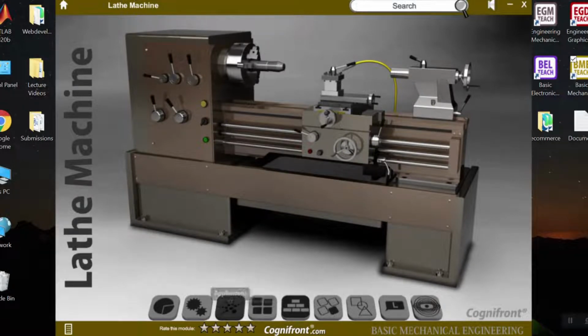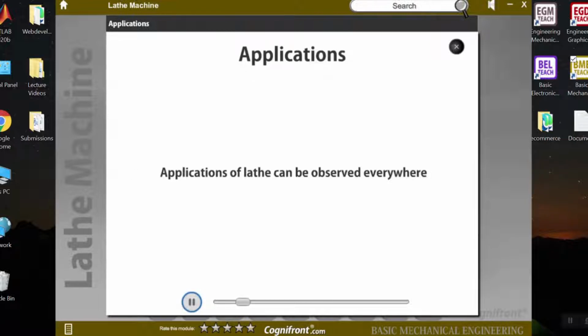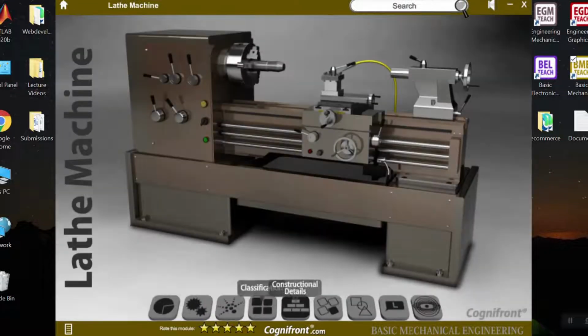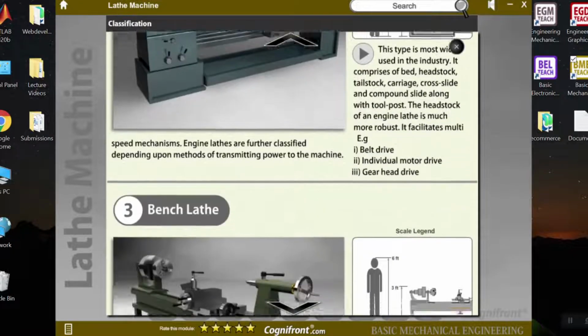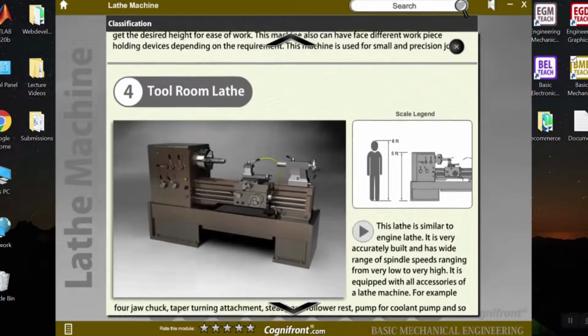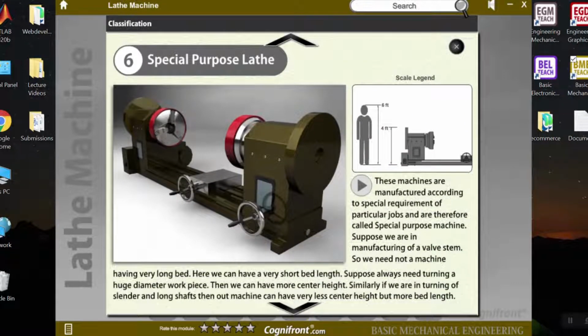Next we have the application. Here the applications of the lathe machine are given. Next we have the classification of the lathe machine according to speed lathe, engine lathe, bench lathe, tool room lathe, capstan and turret lathe, and so on.